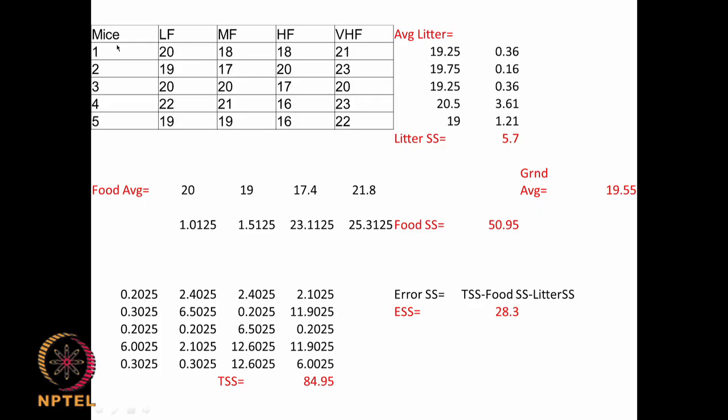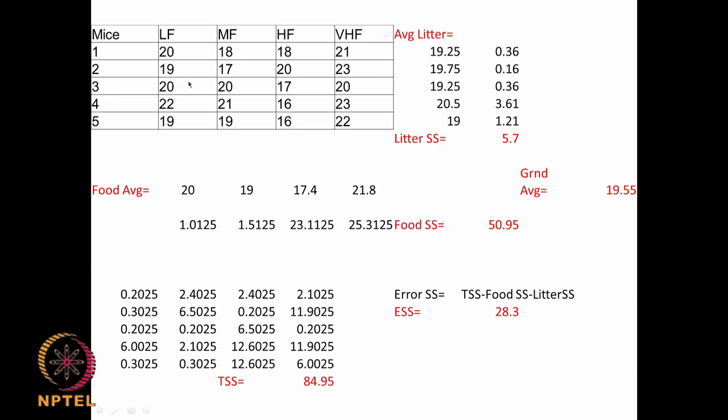So, we have the mouse litter, and these are the food. I can have an average for food: an average for low fiber food, medium fiber food, high fiber food, very high fiber food. The grand average or overall average, again I take an average of all these. Now, we can also have averages along the rows.